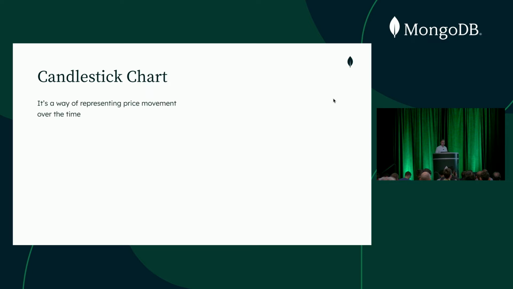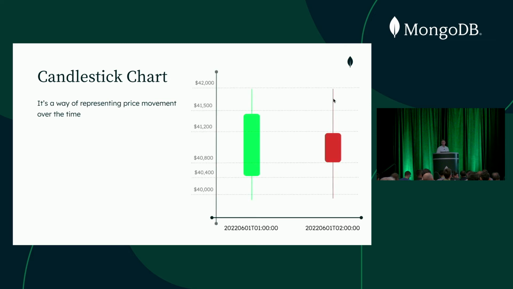Maybe some of you already know the candlestick chart, maybe some of you have already experienced it. I just want to quickly summarize what a candlestick chart is. It represents price movement over time, okay? Here you see an example of a candlestick chart.